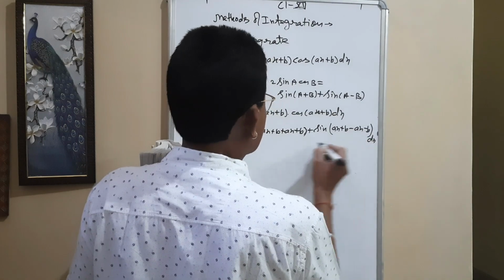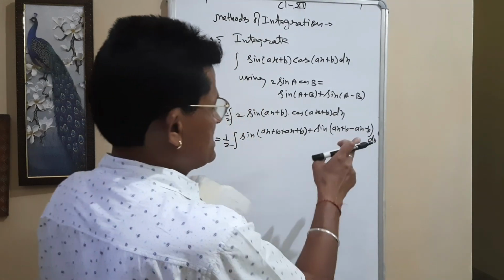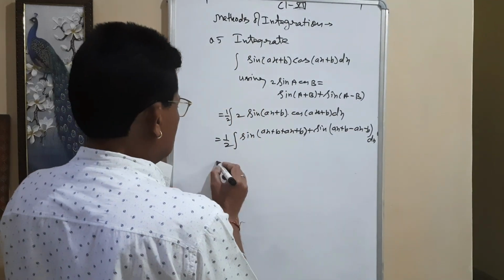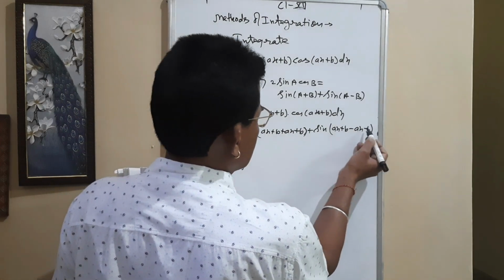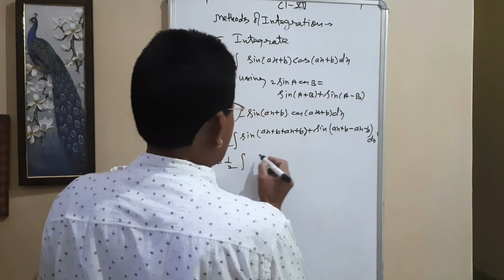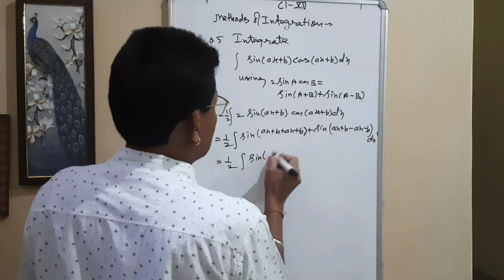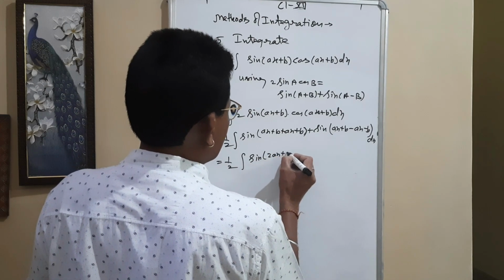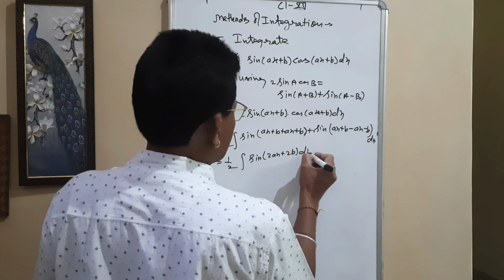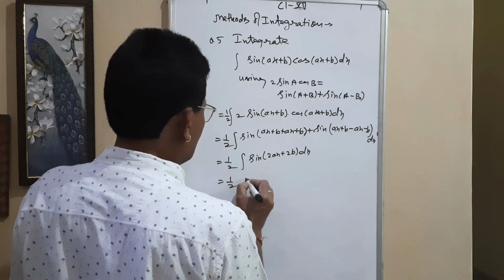Important thing, dx, because you must have to write the dx. Without dx your full marks will not be given against the question. These will be cancelled. Sin 0 means 0. So it is sin(2ax plus 2b) dx, equal to 1 upon 2.